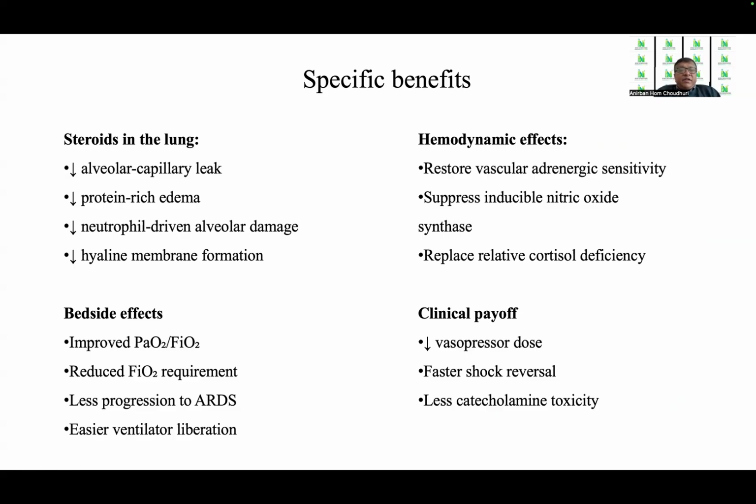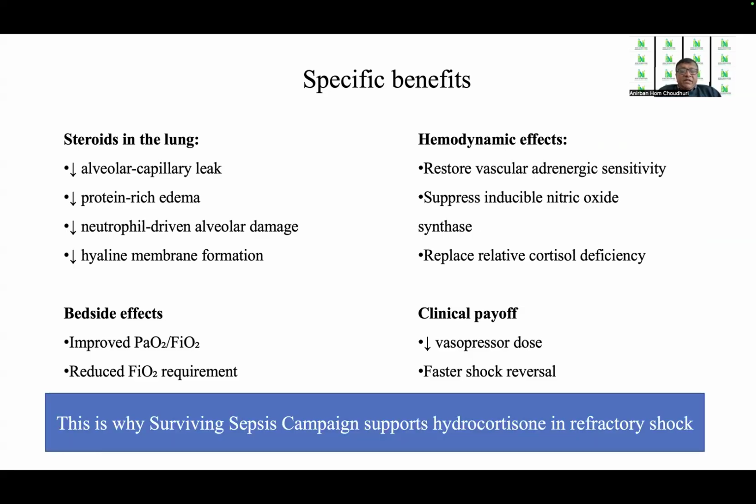As a result, there are benefits in the form of reduction in the vasopressor dose, faster shock reversal, and less catecholamine toxicity. It is because of such beneficial effects on hemodynamics that the Surviving Sepsis Campaign supports hydrocortisone in refractory shock. These benefits are also manifested in patients with community-acquired pneumonia who have septic shock.